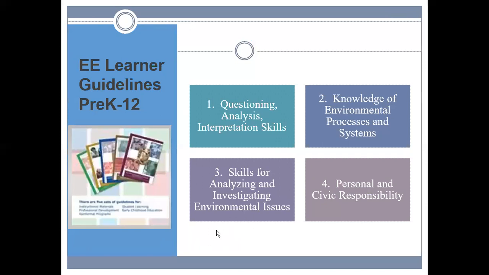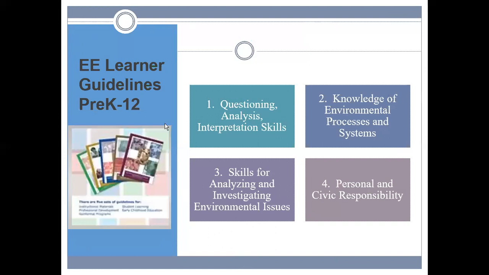Anytime I've done a workshop on this, that is one of the ones that comes up as one of the most challenging to really build that piece in. So you are not alone. Well, let's dig a little bit deeper into these 4 strands, and then we'll talk a little bit about some of the things that are changing as we're moving forward.